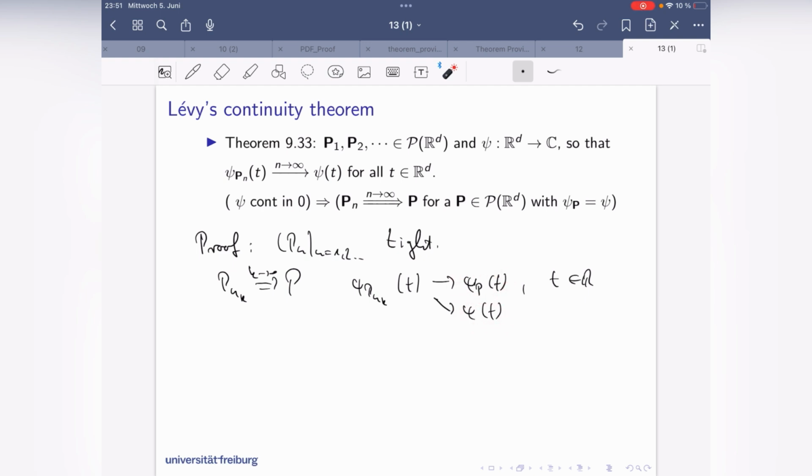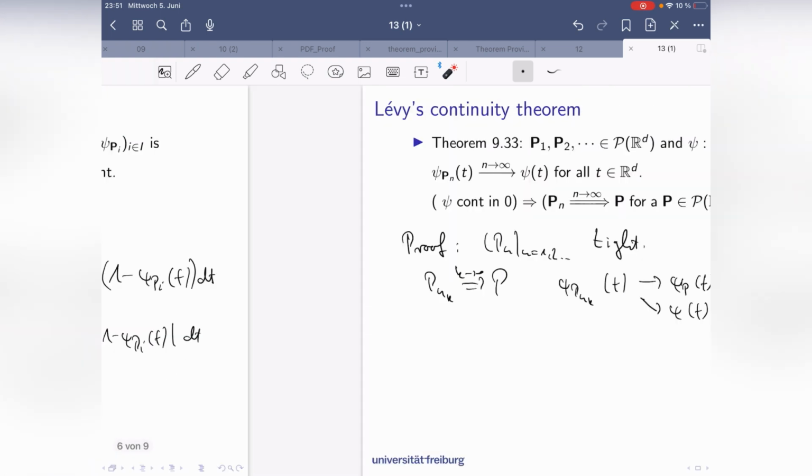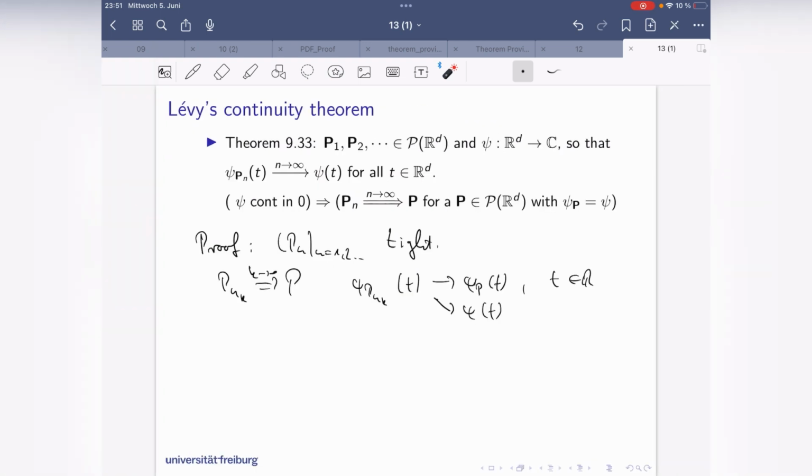What else? Yeah, and that's it. I think we have proved everything. So we have proved tightness, and we have shown that the characteristic functions converge to the characteristic function of some p here.